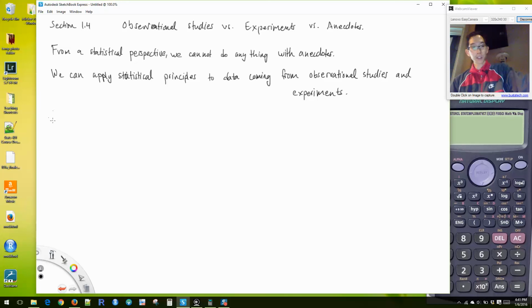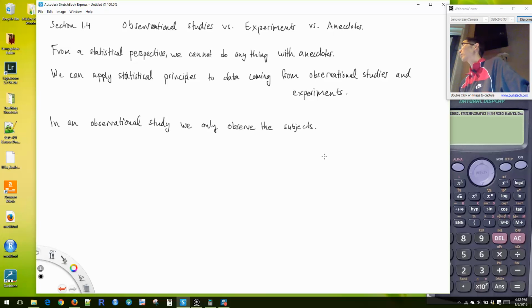Okay, so in an observational study, we only observe the subjects. Okay, subjects end up picking their own set of conditions or treatments. Subjects choose their conditions or treatments themselves.